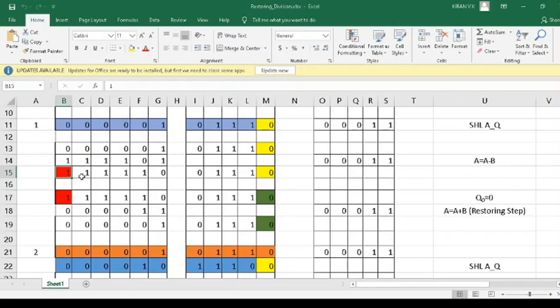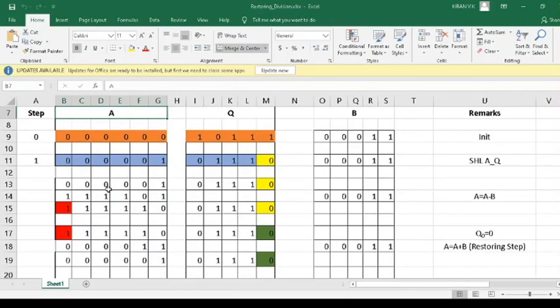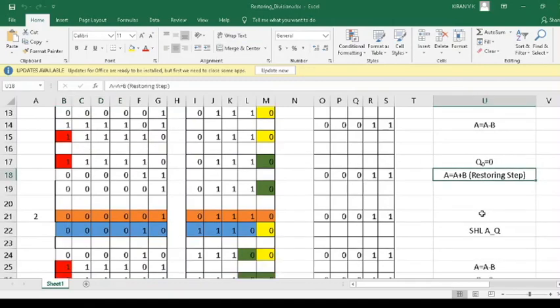Why do we need to restore our dividend? We got a negative result after subtraction, so the section of the dividend in A that we used for subtraction can't actually stand for that subtraction. It is a very small quantity, so it has to be restored back. How will you restore it back? You will restore it by adding it with the divisor itself.